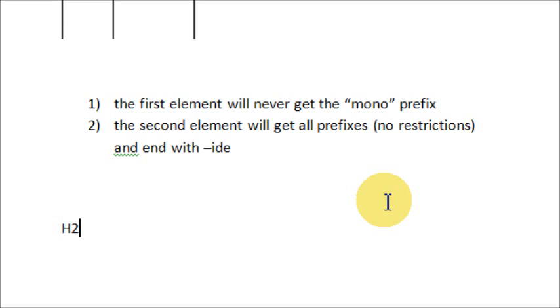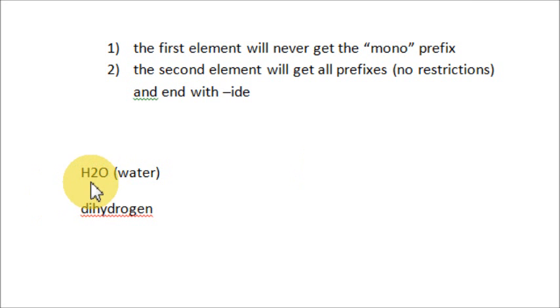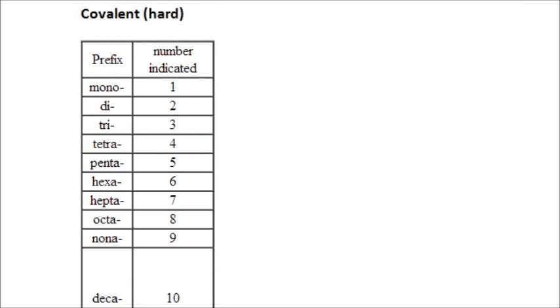H2O is a covalent compound, also known as water, but that is not its chemical name. For this compound, dihydrogen, oh, I just gave it away. There are two hydrogens because there's a 2 after the H, the hydrogen symbol. You look at the table: not 1, not 3, not 6, not 9. Oh, there it is, 2.